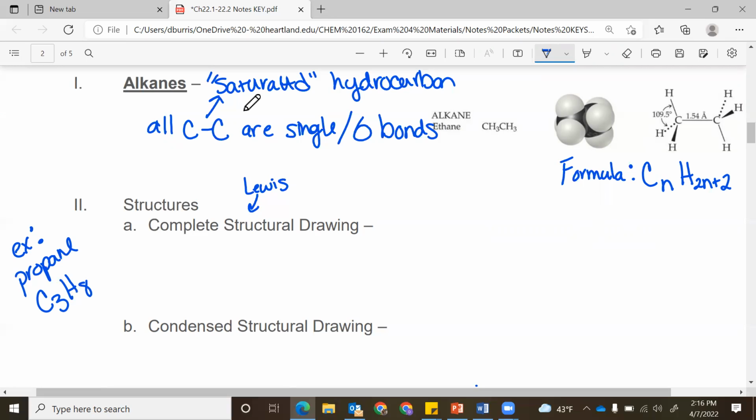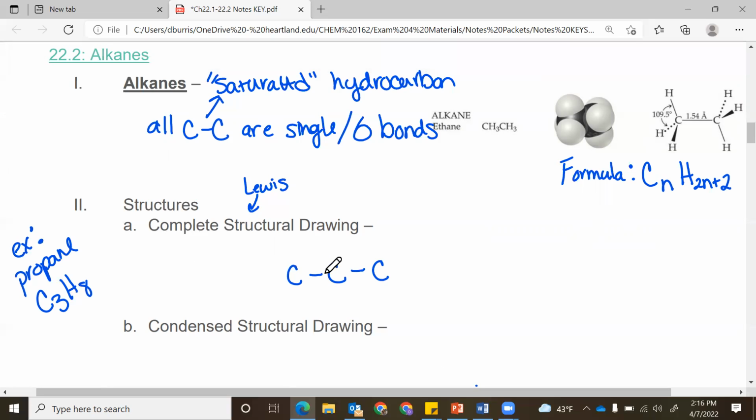So for the structural drawing, remember all the carbons are singly bonded. So it goes 1, 2, 3 carbons. And then the hydrogens fill in around the outside. All carbons have to have 4 bonds, so I would draw 4 bonds on each carbon, and each one of those is to a hydrogen. This is why it's called saturated.